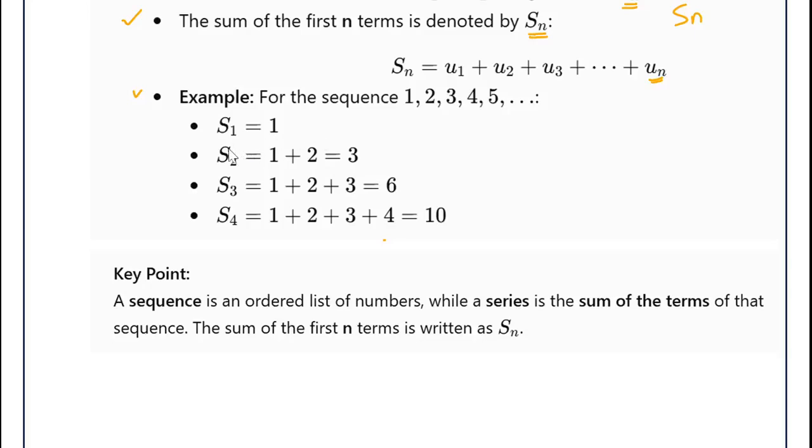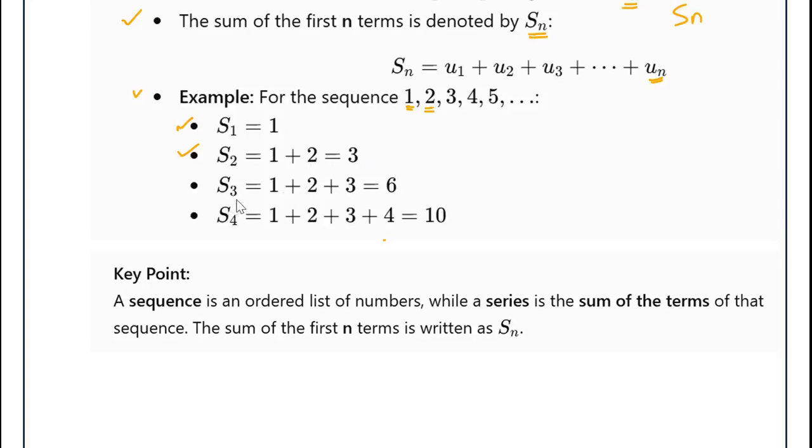That's why the sum of the first one term is 1, because it is alone. And the sum of the first two terms now becomes 1 plus 2, because our n is now 2. So we say S2 equals 1 plus 2, and it gives us 3. That is the sum of the first two terms.